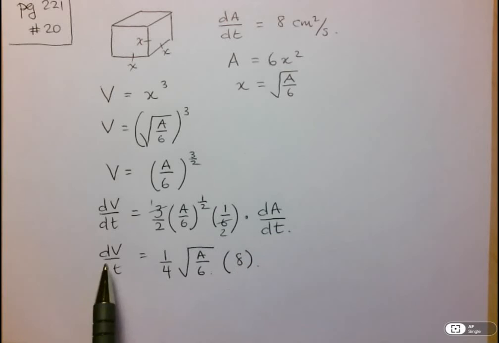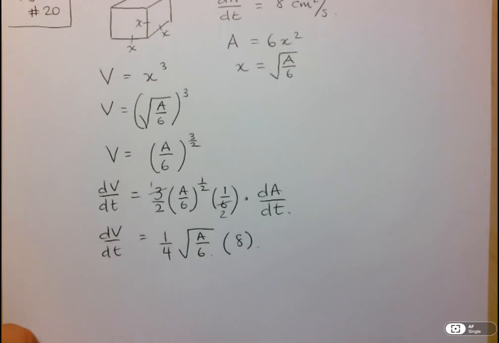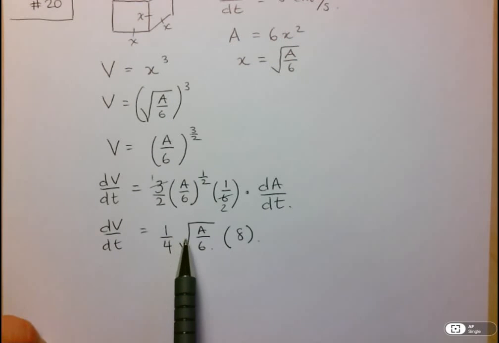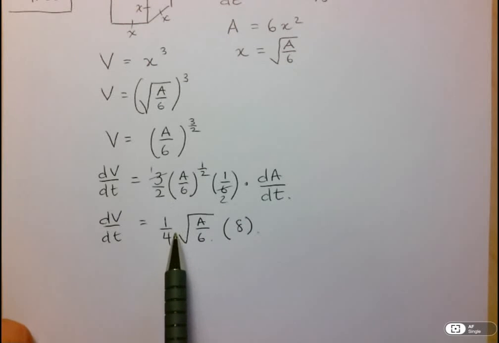We have this relationship between the derivative of volume and the derivative of area, but it also includes this unknown A. They gave us that information in the question because they're telling us specifically when the surface area is 60 centimeters squared. They had to give us that in order to solve this.